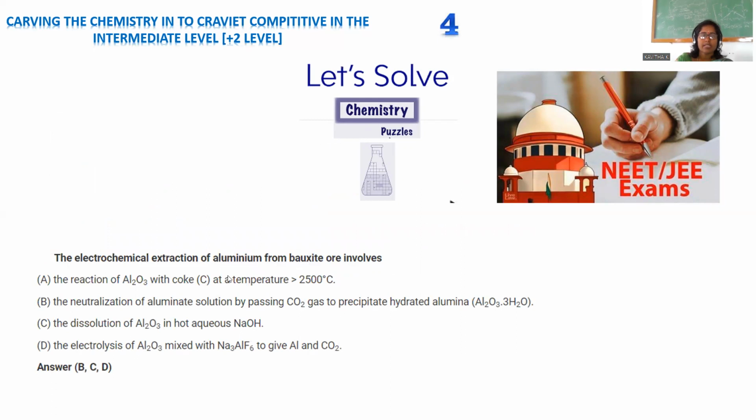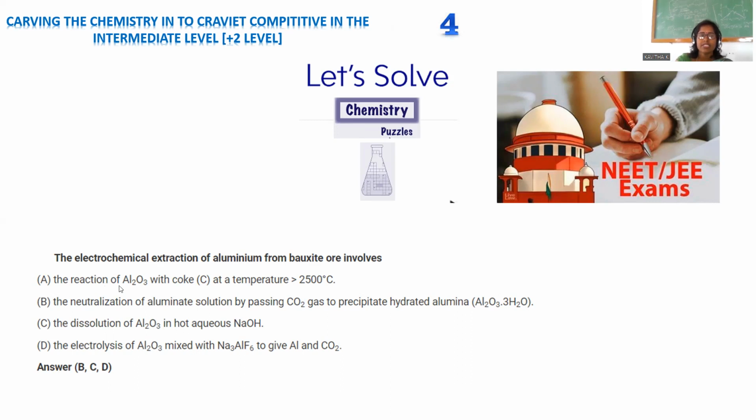The electrochemical extraction of aluminium from the bauxite ore: aluminium is a lighter weight metal, mostly applied in aircraft manufacturing. Aluminium metal can be extracted from the ore called bauxite, which is the oxide ore of aluminium, and bauxite is an abundantly available mineral all across the world.